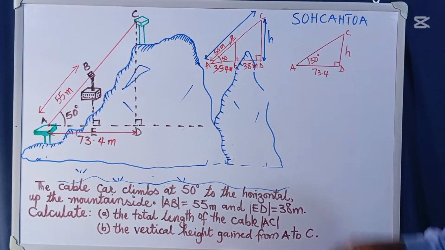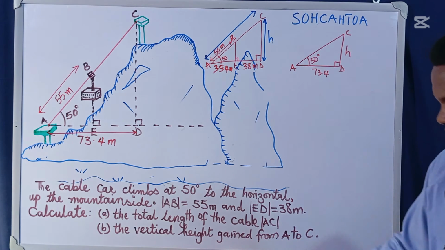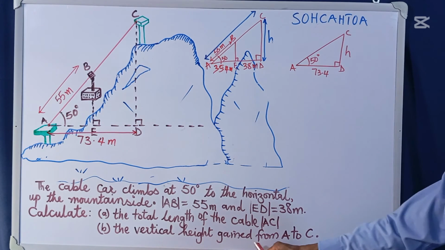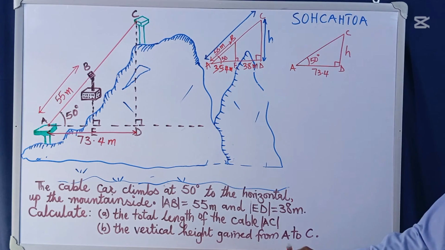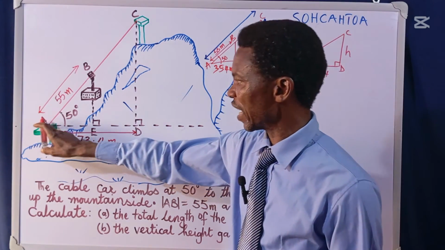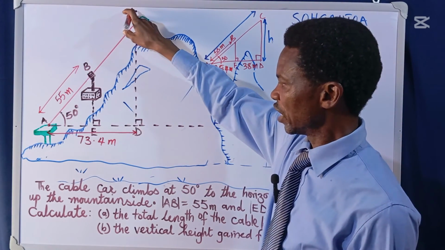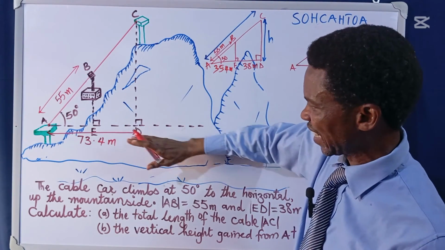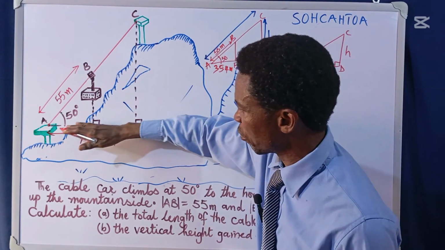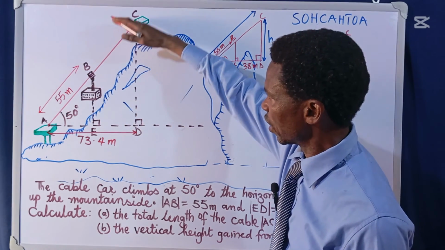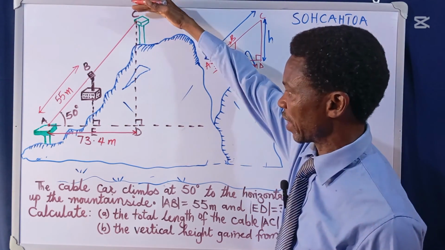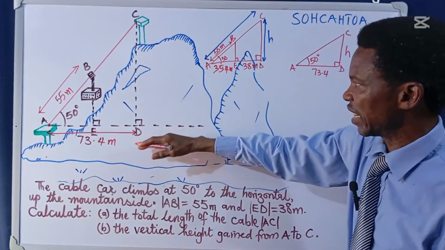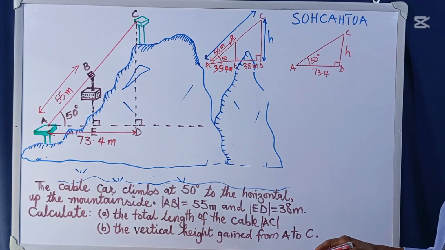All right, so let's look at the second part of the question, which is the vertical height gained by the cable car as it moves from position A to the top of the mountain C. So what is the vertical height gain? So the cable car is actually moving this way up to the top of the mountain. So let's calculate the vertical height rise.